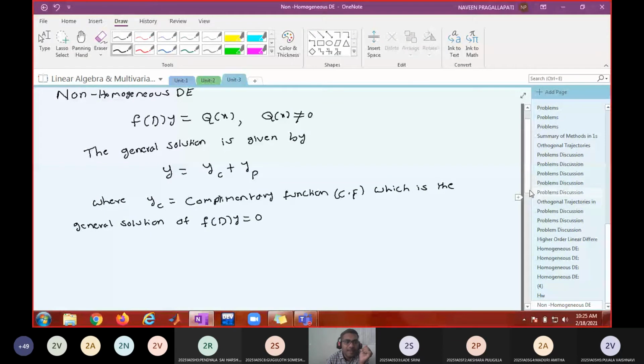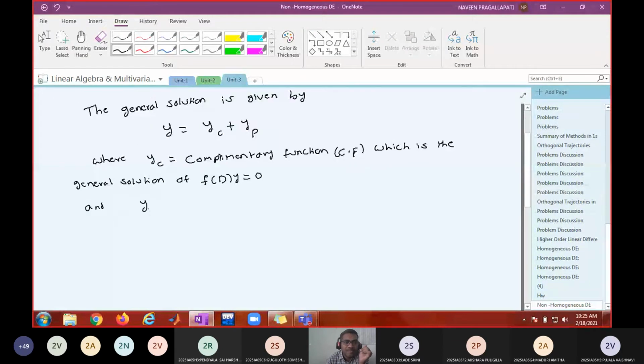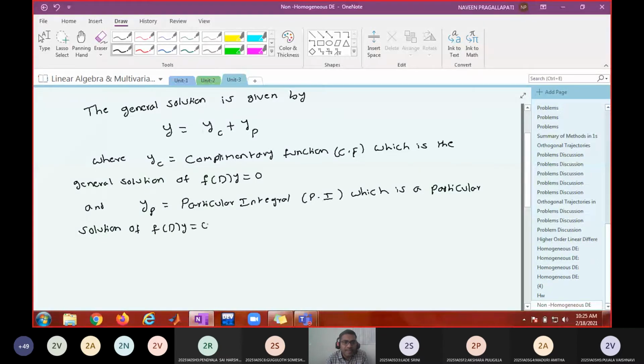Now yp is called the particular integral, in brackets we will call it PI, which is a particular solution of f of D of y equal to q of x.